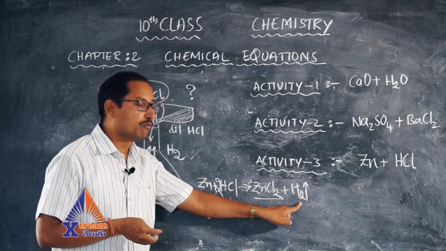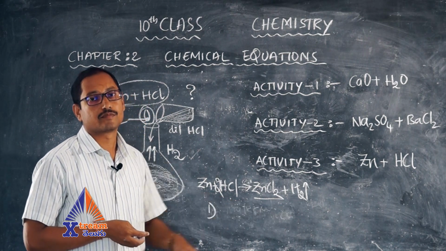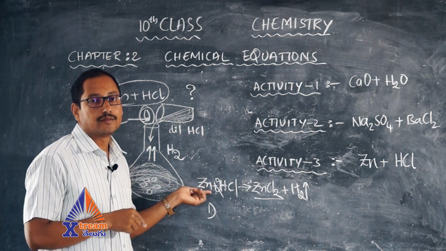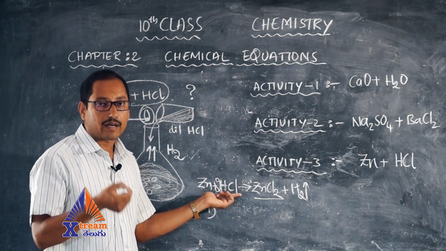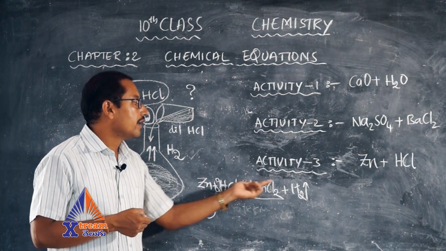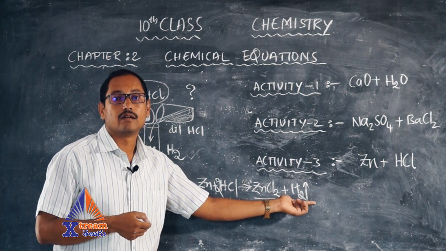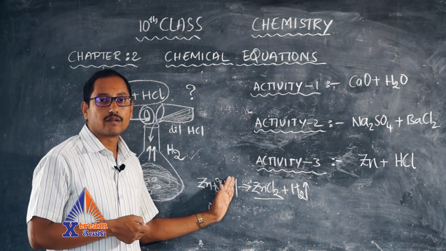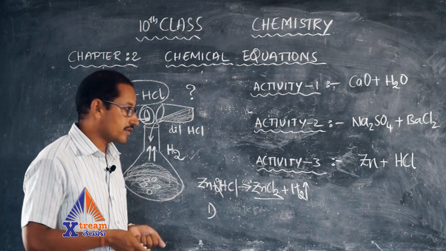And more importantly, what we have to observe here is that hydrogen gas is produced. Here, zinc is solid, HCl is liquid or aqueous, and H2 is gas. A solid reacts with liquid to produce gas. So this is a change.